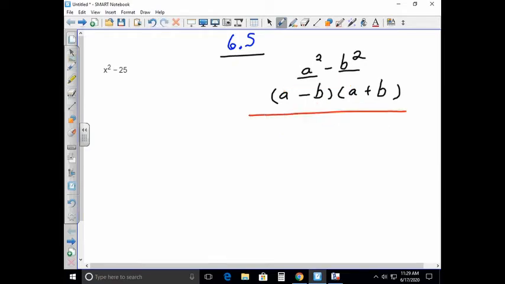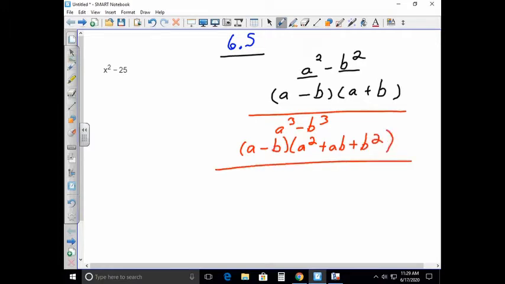If we have a sum or difference of cubes, the difference of cubes factors into whatever's being cubed minus whatever's being cubed, and then we have the first one squared, we have this times that, and then we have the second one squared.